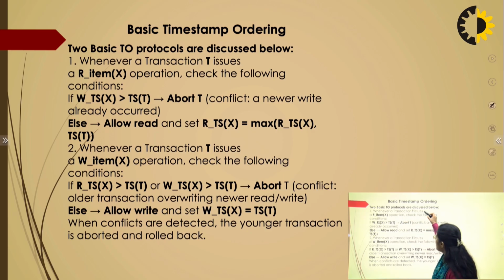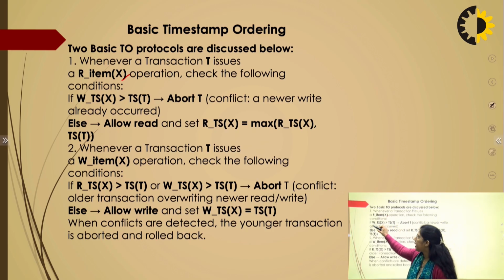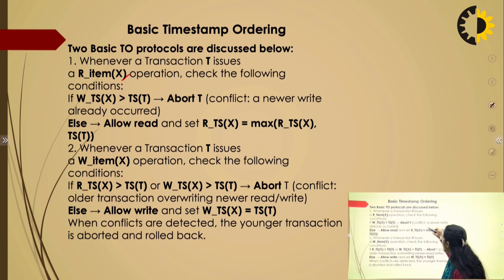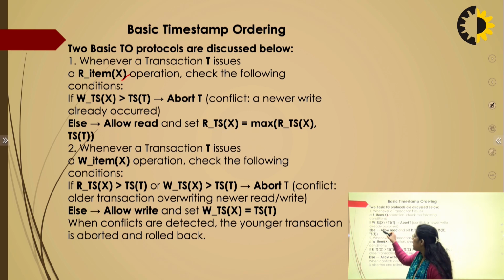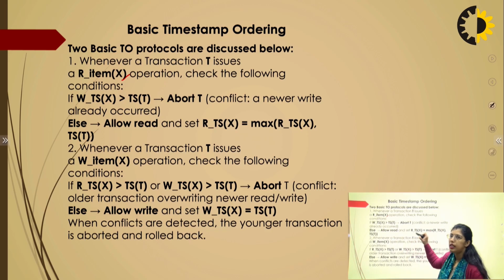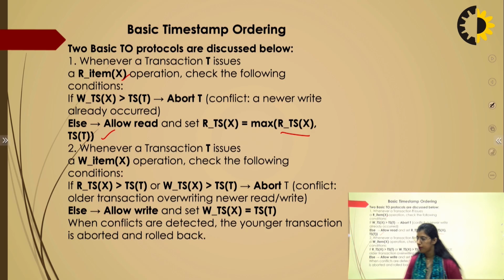Whenever transaction T issues a read operation on a particular data item X, it checks the following condition: whether W_TS(X) is greater than the timestamp of this particular transaction. If it is true, then abort the transaction, else allow the read operation and set the read timestamp of X as the maximum of R_TS(X) and the timestamp of the transaction itself.